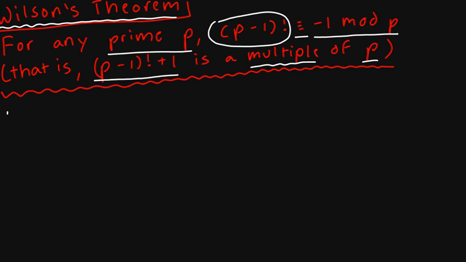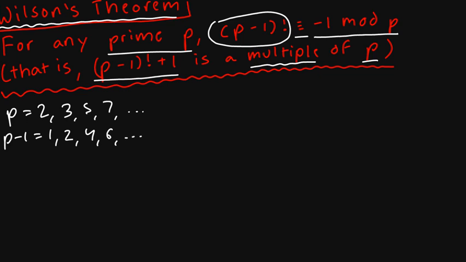If we have a prime p, so p could equal 2, 3, 5, 7, etc. And we look at (p minus 1) factorial, so p minus 1 could equal 1, 2, 4, or 6, dot dot dot. And we take the factorial of that, which means multiplying all the numbers below it.